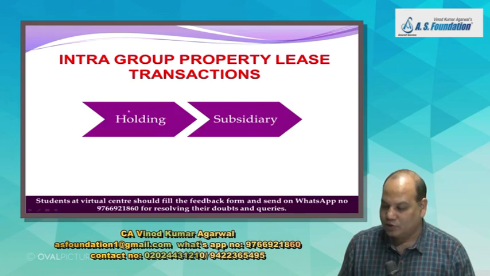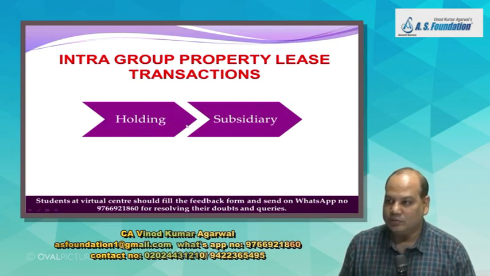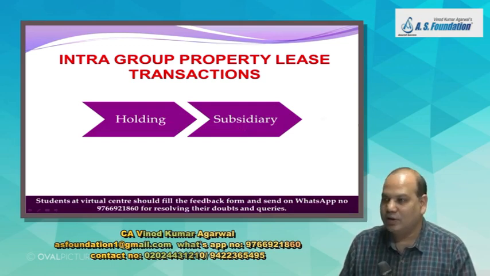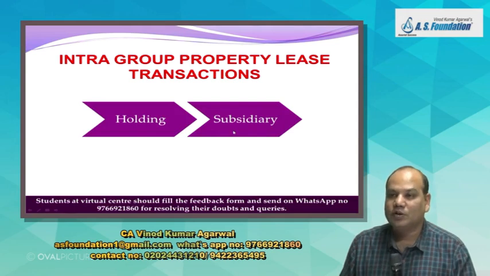In the individual financial statement of the parent company, this will be treated as investment property because it fulfills the definition of investment property. But what is the subsidiary doing with that property? Is it again leasing it out to someone else, or is it using it for business purpose?